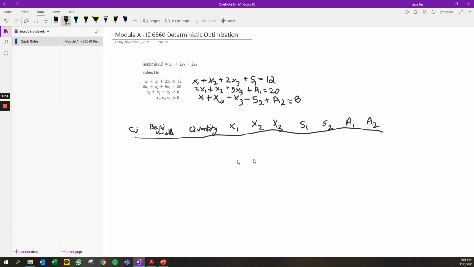And then we write our basic variables first. Now we have three constraints, so we're going to have 3 rows, and we always start with the artificial variable or the s variable. So here, for the first equation, we'll say S1. Second equation is A1.